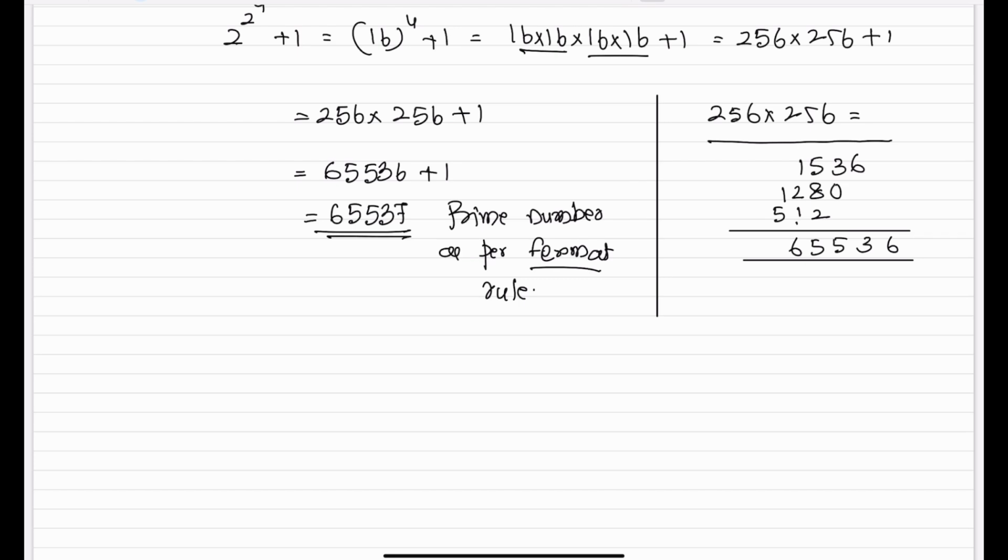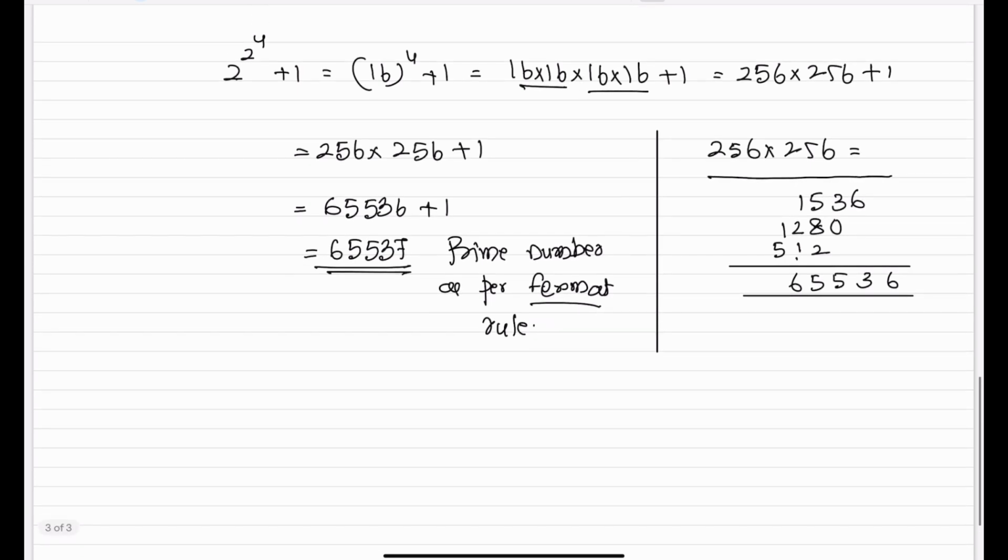Beyond this, if you take 2 to the power of 2 to the power of 5, that is not a prime number as per Fermat rule, because any number n greater than or equal to 5 is not a prime number in Fermat rule.